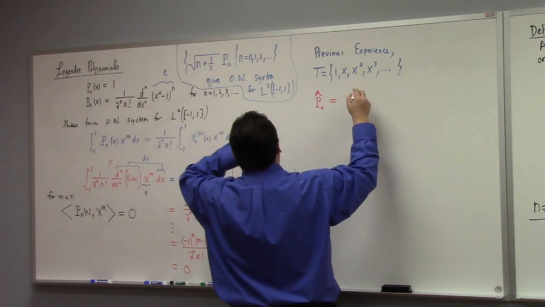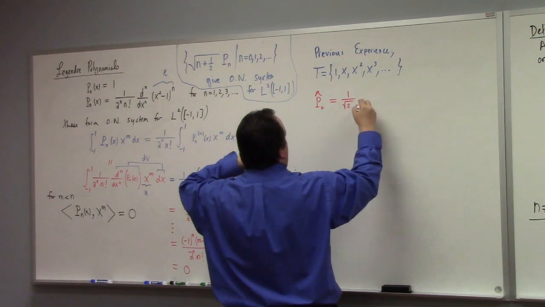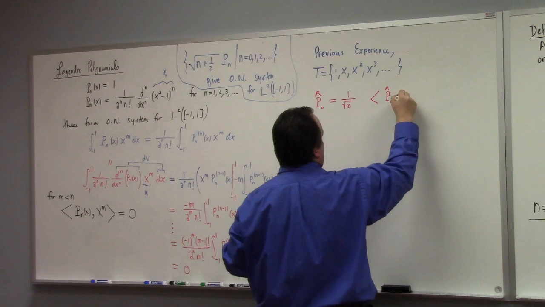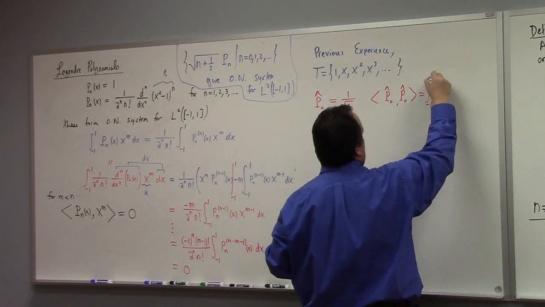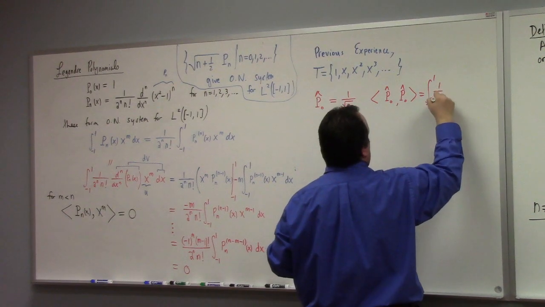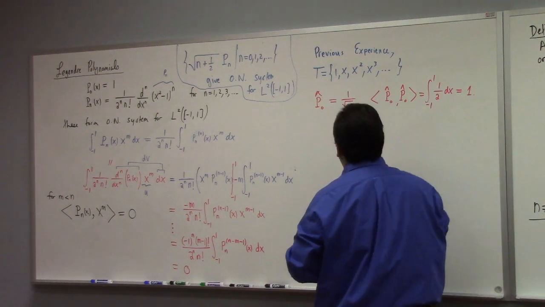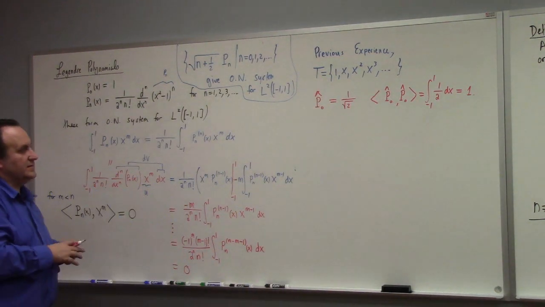So allegedly that would be 1 over the square root of 2. That makes sense, because then if we look at the inner product of p0 hat and p0 hat, what do we get? The integral from minus 1 to 1 of 1 over 2 dx, which is 1. So you need the 1 over the square root of 2 to normalize it.